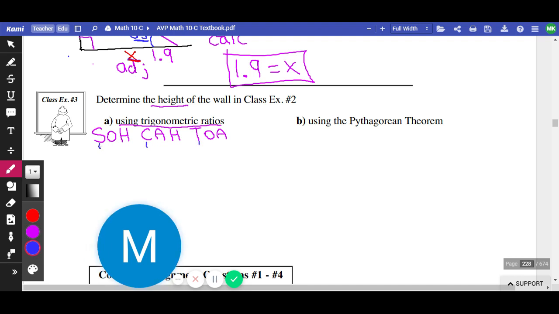Those are the freebies. Then you put a check mark under the side you know, which is H. Then you put a check mark under the side you want to know. Now you're looking for the wall. That's the opposite. That means sine should have been the ratio you used. This tells me my formula. Sine equals opposite over hypotenuse. So I need to use this formula.